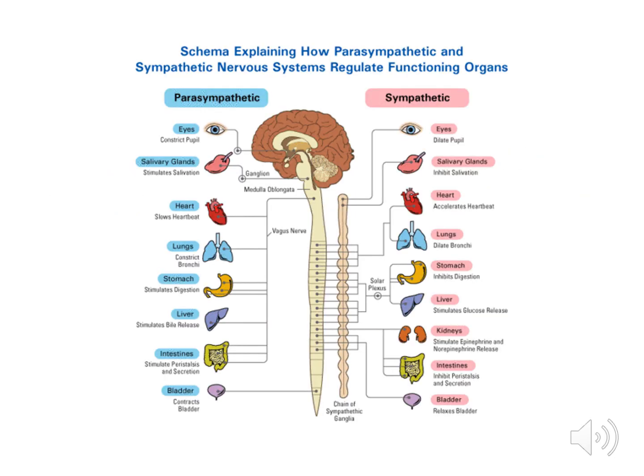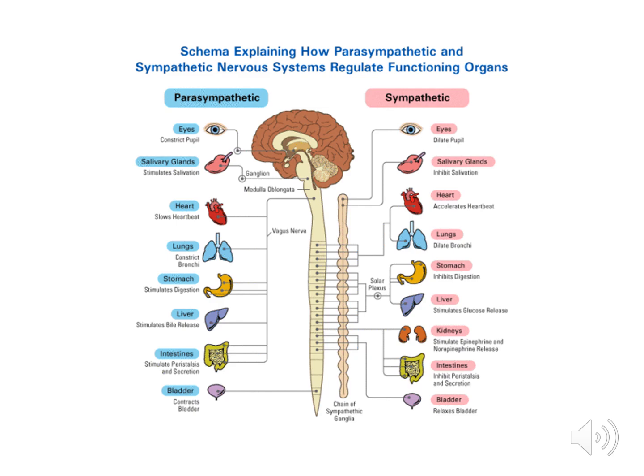So if we go back to this picture, do you see the chain of sympathetic ganglia that's located to the right of the spinal cord? So when the sympathetic nerve exits the spinal cord, it synapses with another nerve in that ganglia before it travels on to the target tissue.